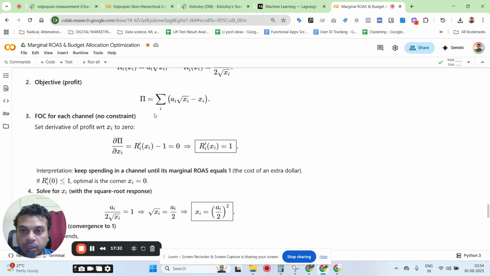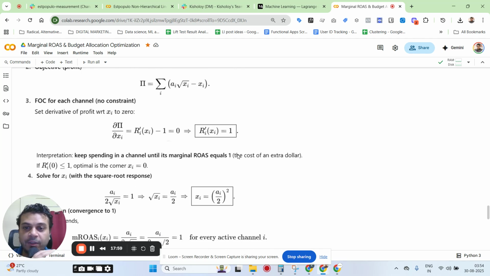You have to take a derivative of this profit. If you want to maximize something, we take the first derivative of it and equate it to 0, as we just saw. So r dash i of xi minus 1 becomes 0, a very simple equation. And from there we see that r dash i of xi is actually 1.